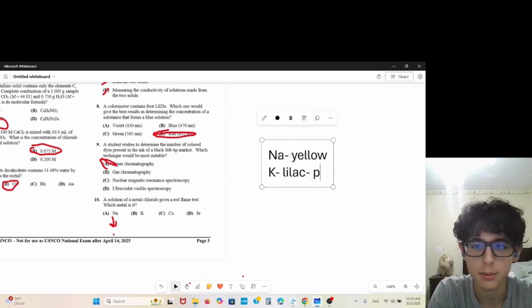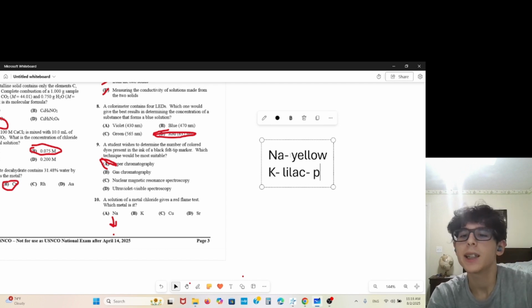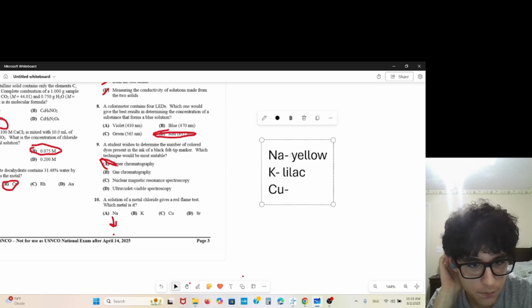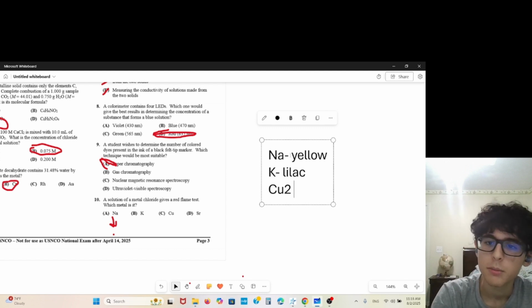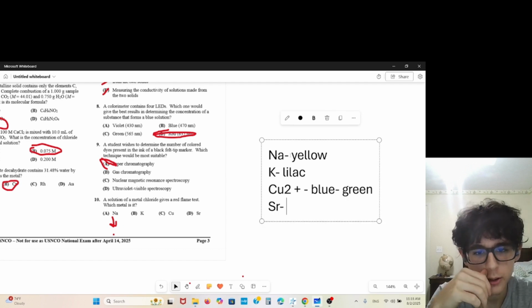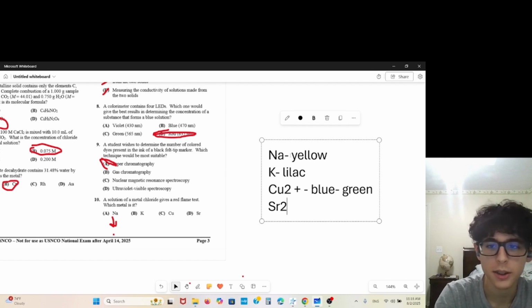K is lilac, pinkish purple. I don't know how to describe it. Cu, well, it depends, right? But I'm assuming they mean Cu2+. This is going to be blue-green. Sr2+ is red.